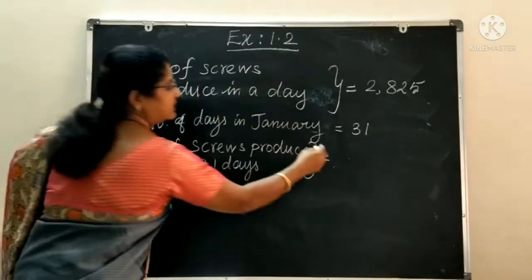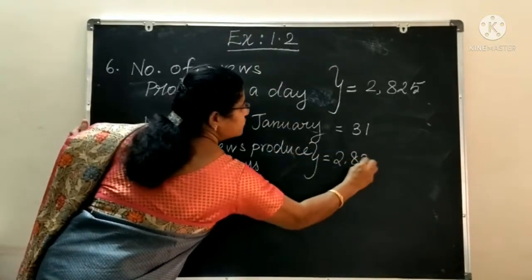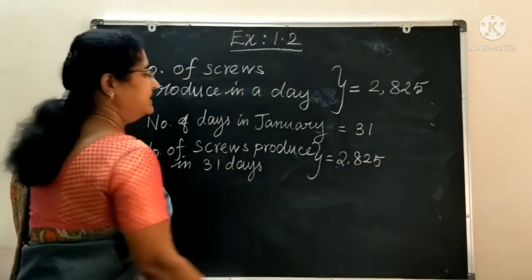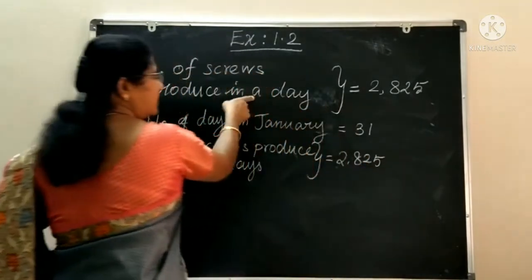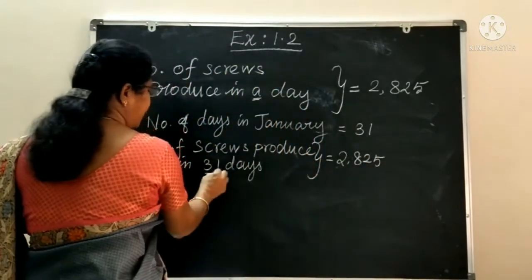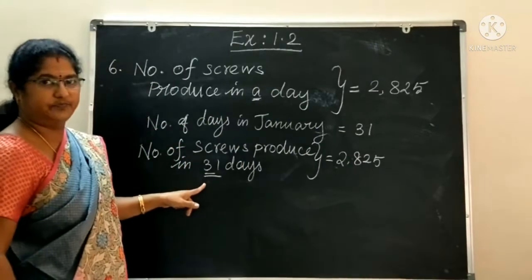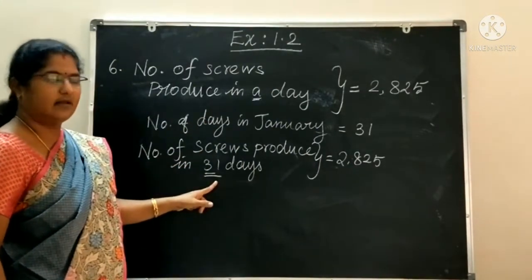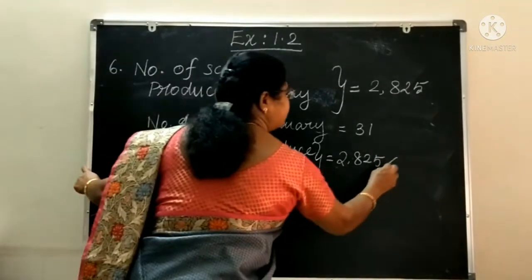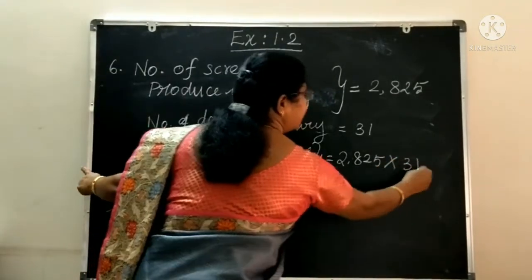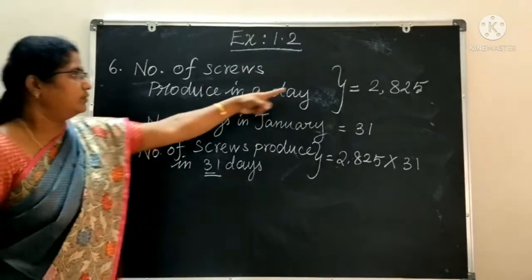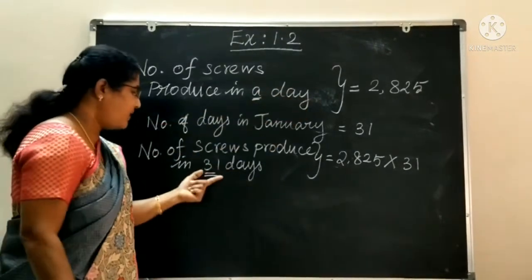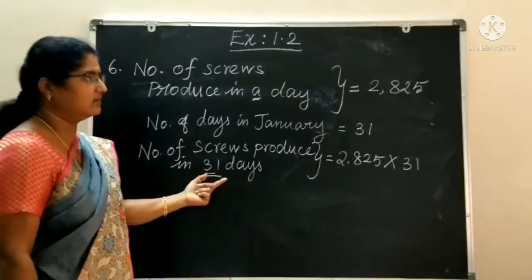So, in 1 day, how many screws are produced? They gave the value for one day, and they asked for 31 days. So, we have to multiply. How much? By 31. 2,825 multiplied by 31.